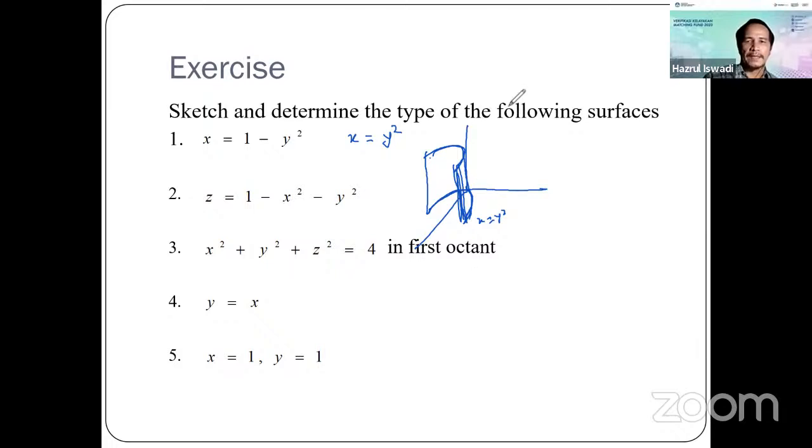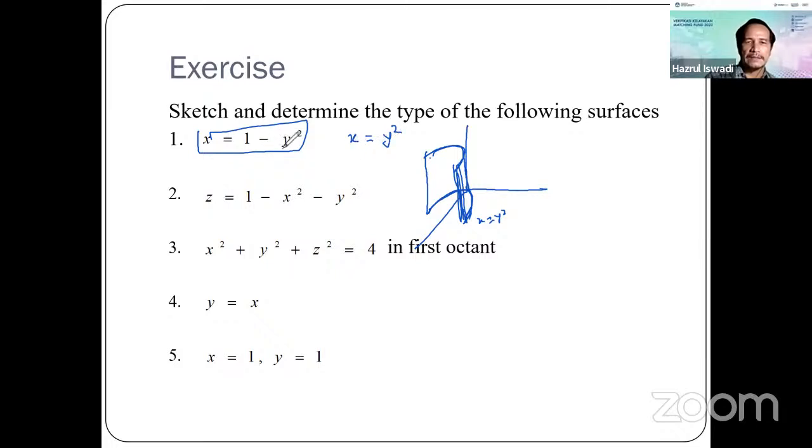Okay, to make the sketch of this equation, we move this parabola.